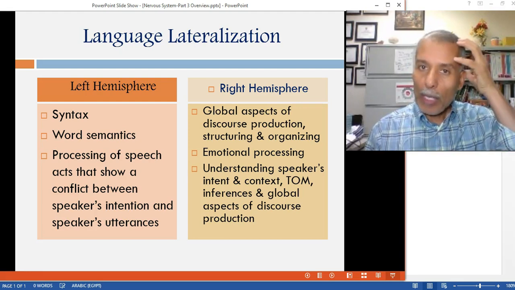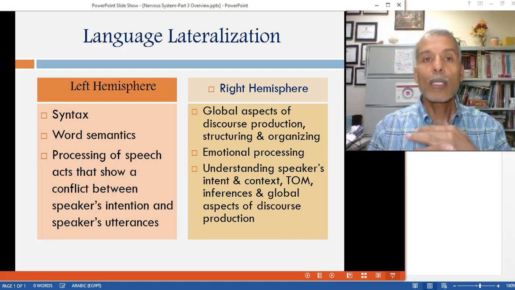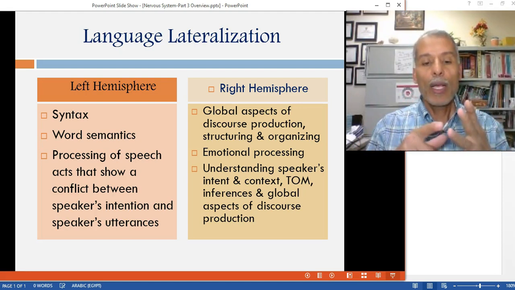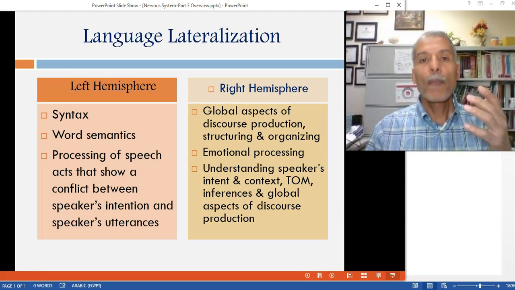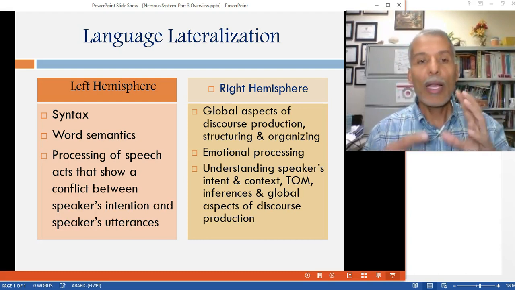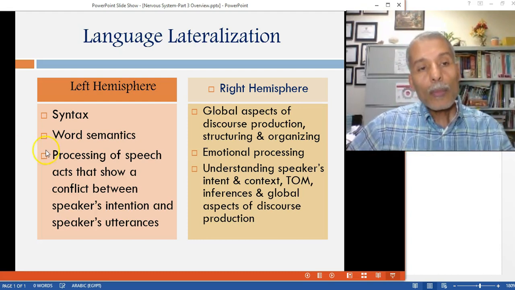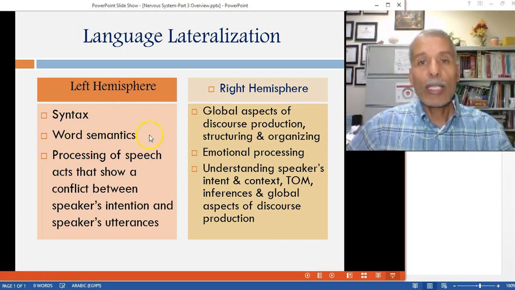So when we say the left hemisphere has language, yes, it has lexicon, which is the mental dictionary. It has sentence rules in Broca's area, and it enables you to comprehend in Wernicke's area, and so on. So the left hemisphere is dominant for certain functions, but it really can't work without the right hemisphere.